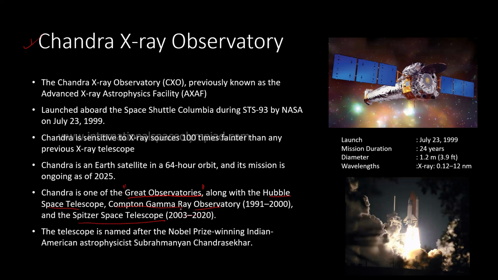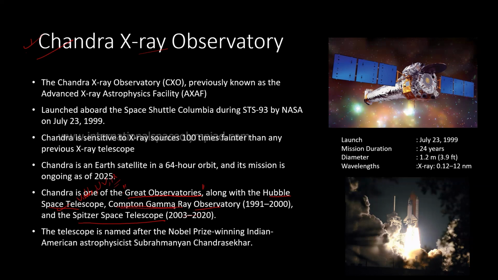If you look at this, all these are working at different wavelengths. Chandra X-ray Observatory in X-ray, then Hubble Space Telescope mainly in visible and UV, and some infrared as well, but infrared is not that much.